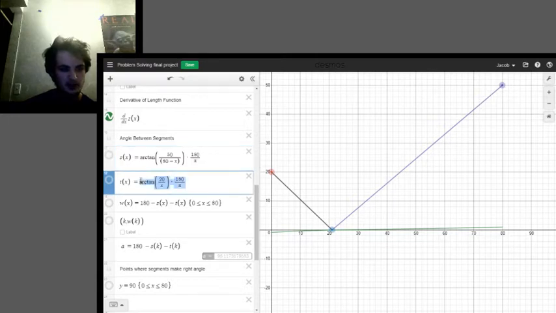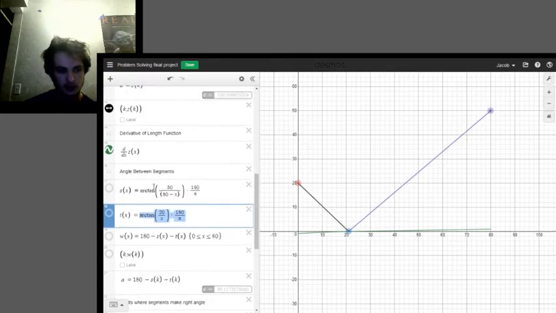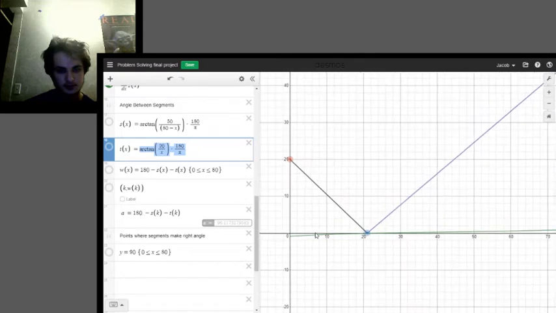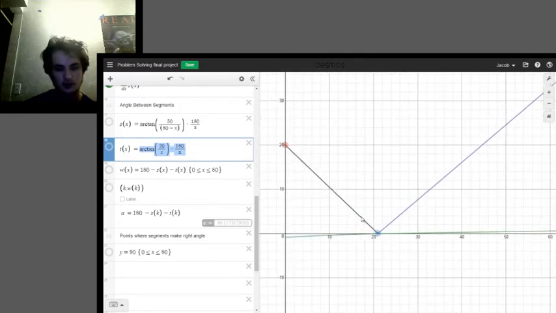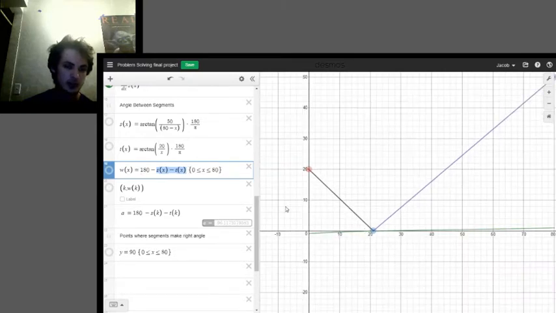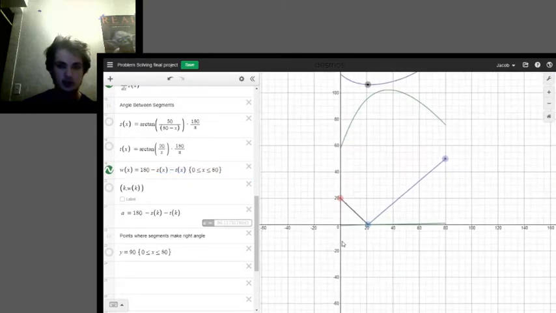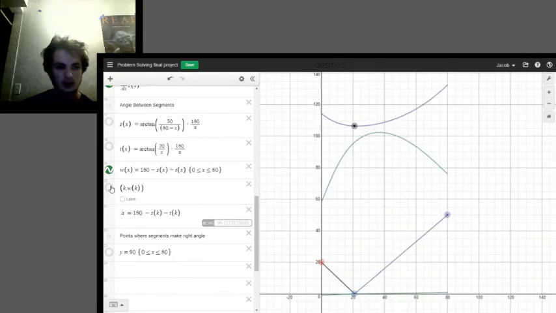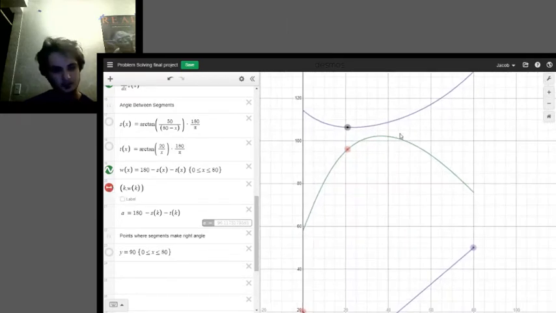And then this is the angle of this triangle right here. Subtracting each of these from 180 degrees and plotting it from 0 to 80, you get this curve here.